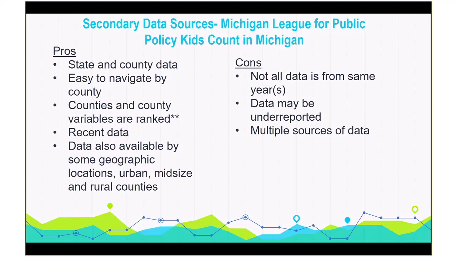It is also important to note that higher numbers could possibly be an indication of better reporting. So it is not to be assumed that just because a number may rise for a variable, in this case we'll use child abuse, that this is a negative and that there is more child abuse occurring. It could possibly indicate that more cases are being reported, which would be a good thing.